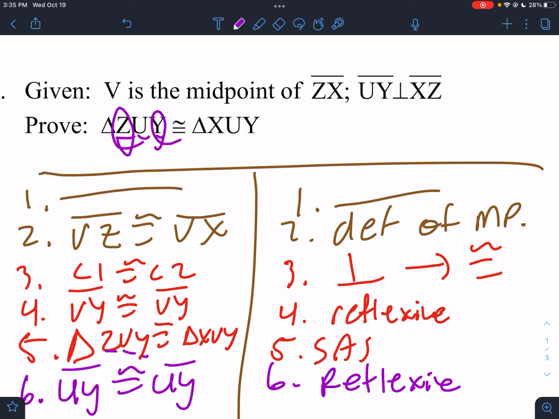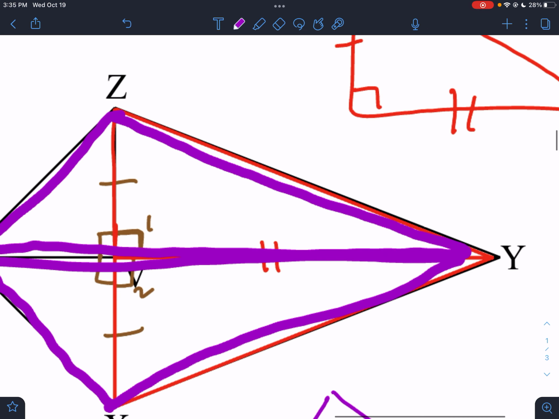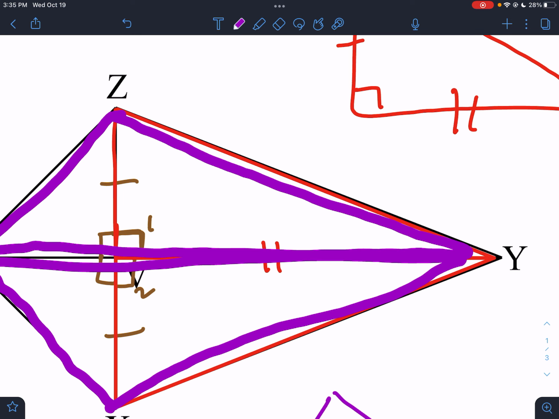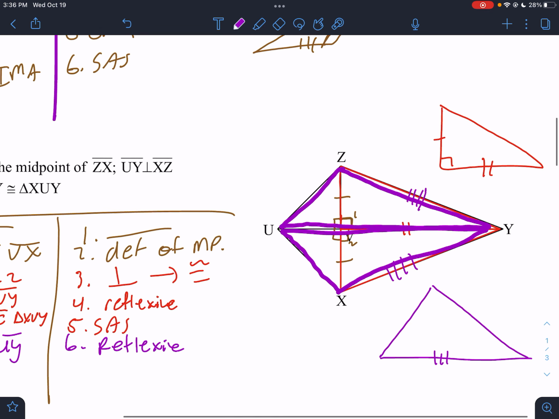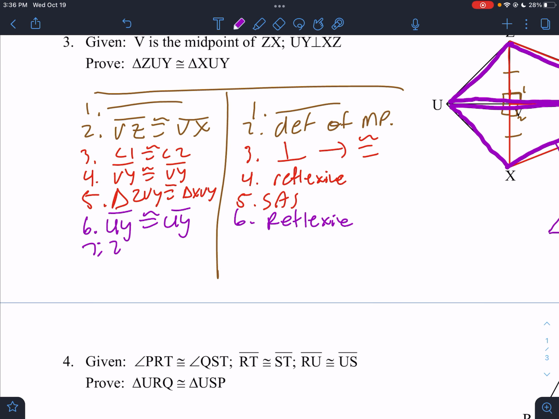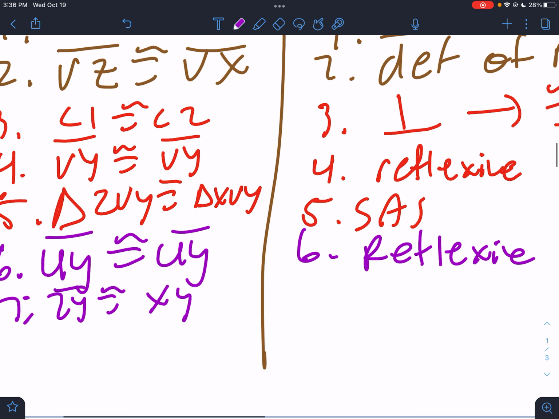They both use Z and they both use Y. That means that the side ZY is in both of them. Look, ZY. So there's my next thing. So we're going to say ZY is congruent to XY. How did we know that? ZY, XY. That is from those triangles, that CPCTC.